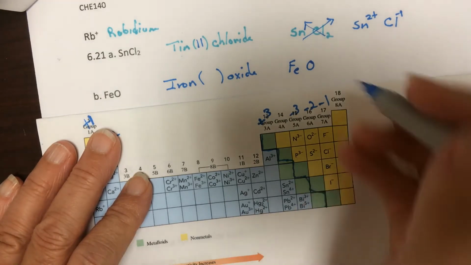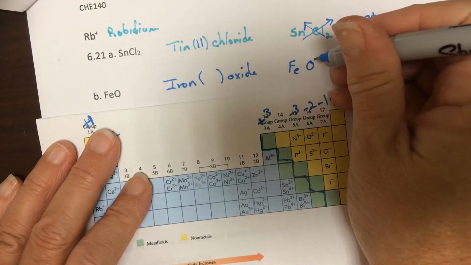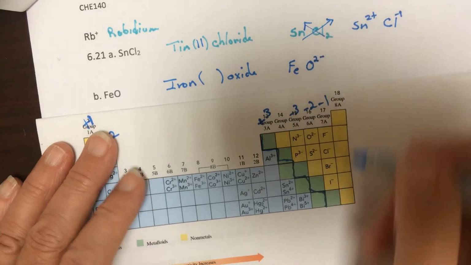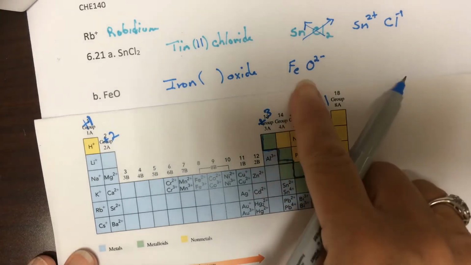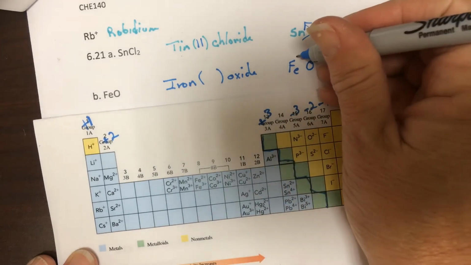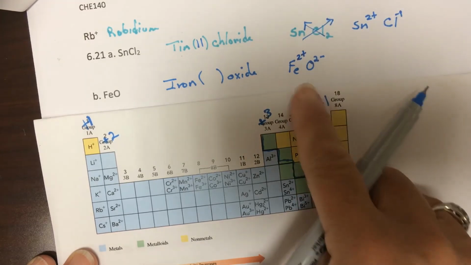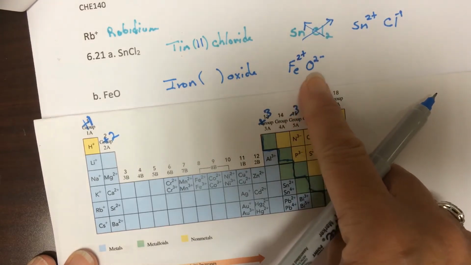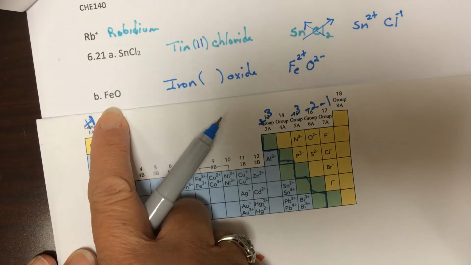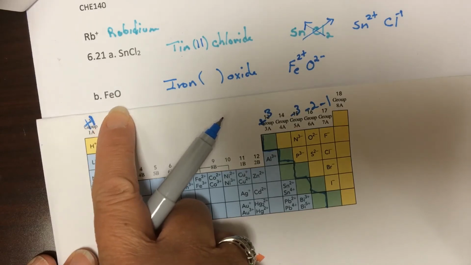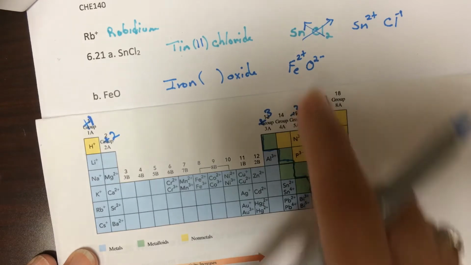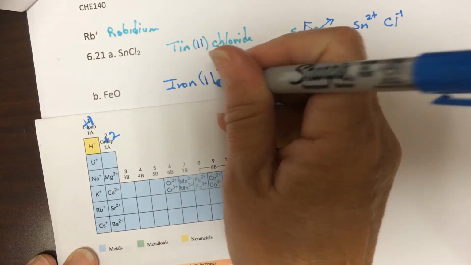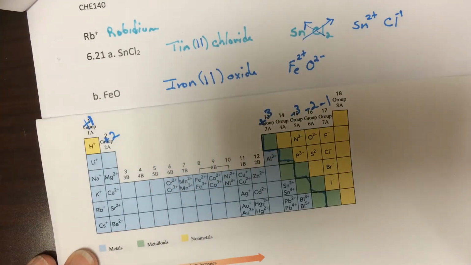We know that oxygen is going to have a -2 charge. So it follows that the iron must have a +2 charge because there's 1 iron to 1 oxygen. That's the formula that we were given to start with. 1 iron, 1 oxygen. So they have to have even number of charges. So this is going to be iron(II) oxide.